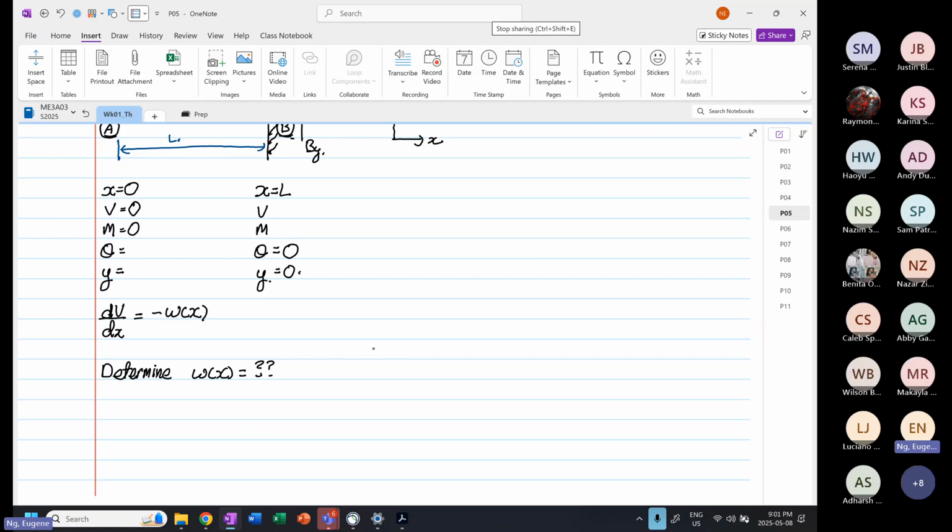I'm next going to sketch the next graph. This is x and this is omega, and we know that we have a gradient distributed load looking like this.